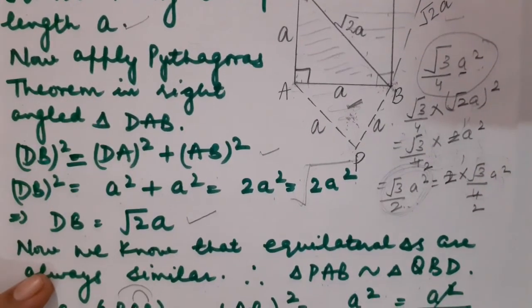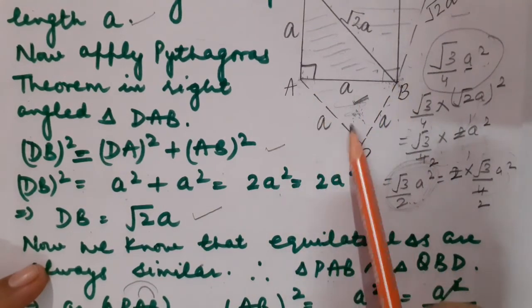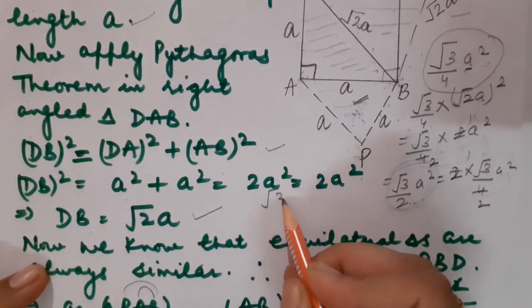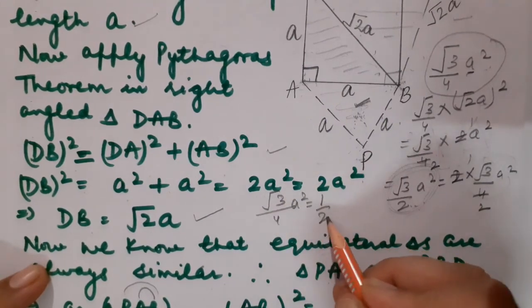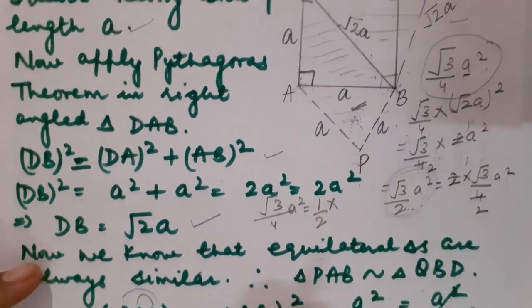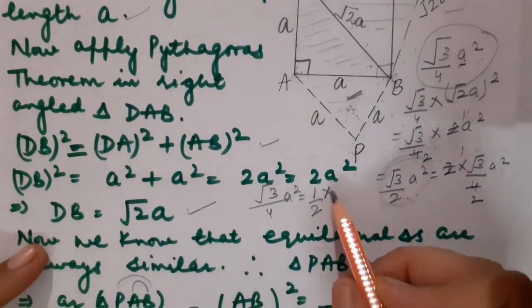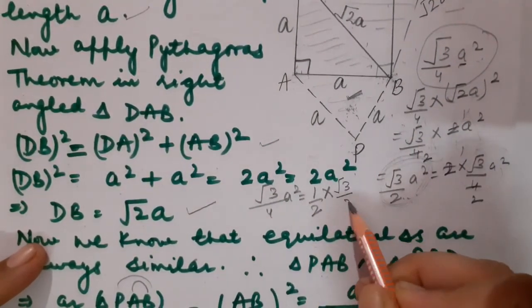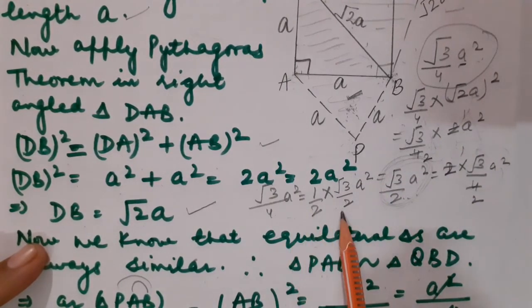What am I going to do for that? What is the area of equilateral triangle APB? That is root 3 by 4 a square. This is equal to half of area of equilateral triangle DPQ. What is its area? That is root 3 by 2 a square. So isn't it proved now?